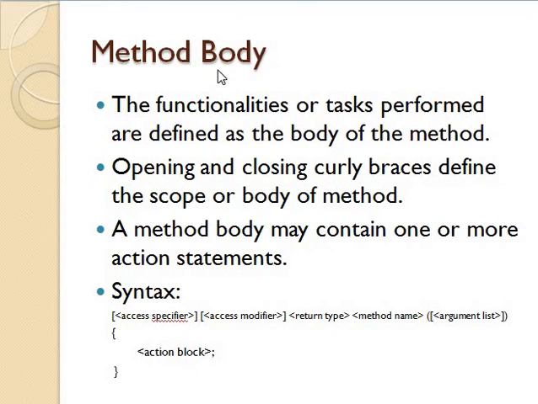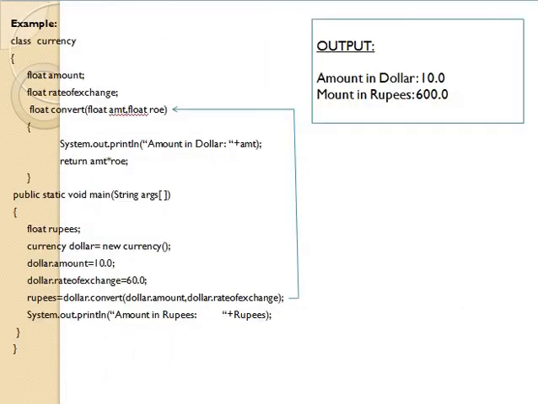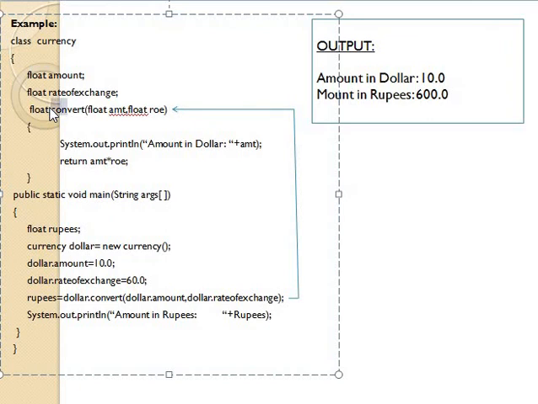Then come to the next point, which is the method body. Every method should have its body. The opening and the closing curly braces define the scope or the body of the method. Now if you consider this Java program, the body of the method called convert starts with this opening curly brace and closes with this closing curly brace.